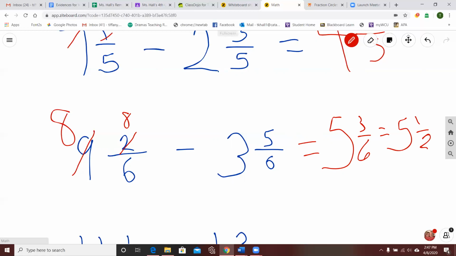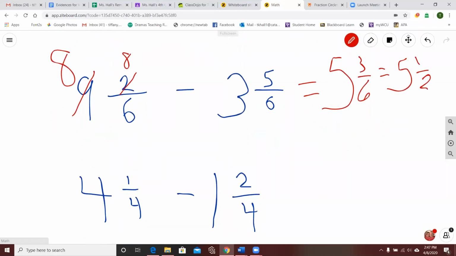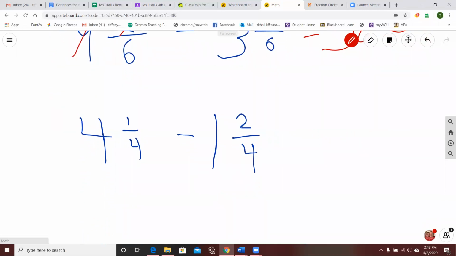These are definitely going to be some of the problems you're going to want to ask your teacher questions on, because in my opinion, these subtraction are probably the hardest. So please, when you're working some of these out, make sure you ask your teacher if you need some help, because these are tricky. 4 minus 1 we can do, but we cannot do 1/4 minus 2/4. So I'm going to take a whole.